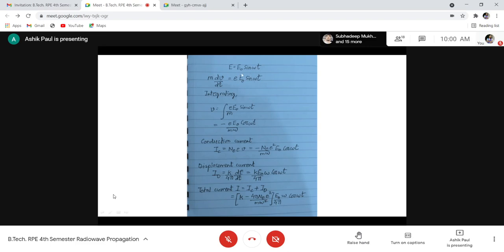This is well known to us. That means when charges move in an electric field, this is the kind of equation that is there.